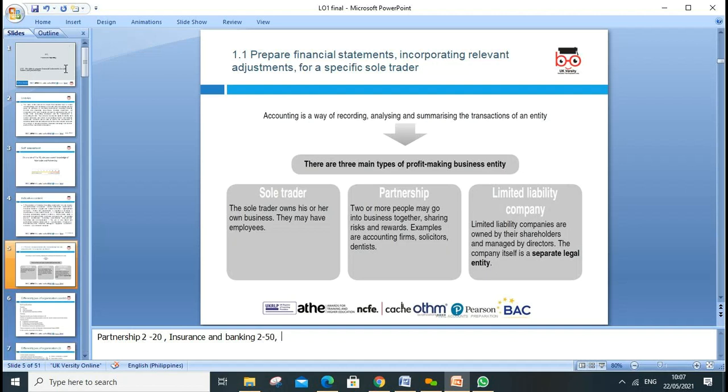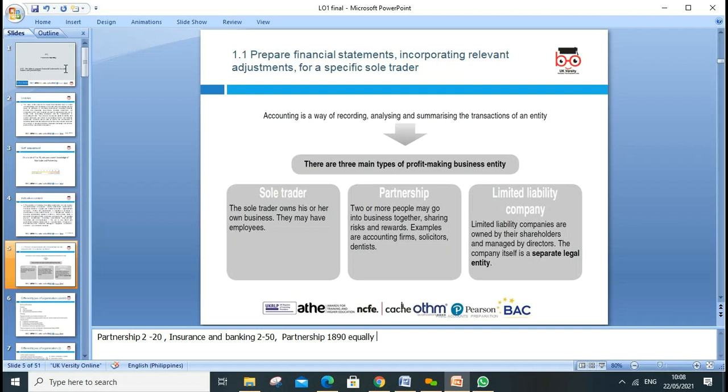Normally it is 2 to 20, and in the UK we use the Partnership Act 1890. If nothing is written between the partners, according to the Partnership Act, profits should be shared equally. If we don't have a partnership deed, then of course we share equally.